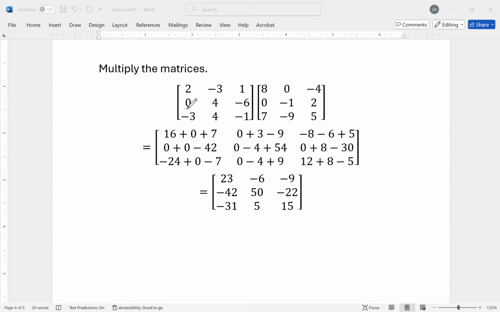So for instance, when I take row 2 times column 3, that gave me the 2, 3 entry of my resulting matrix. 0 times -4, 4 times 2, -6 times 5 gave me that. And you can do that with any row, any column.